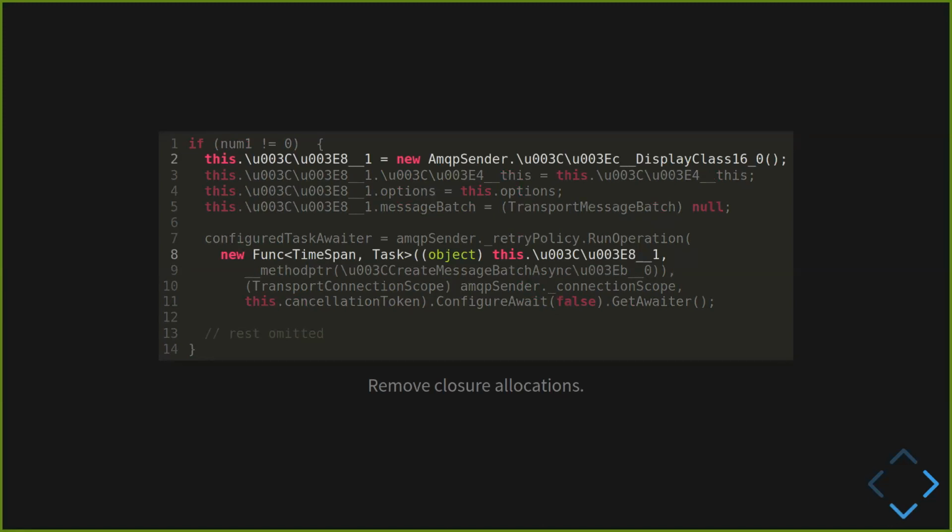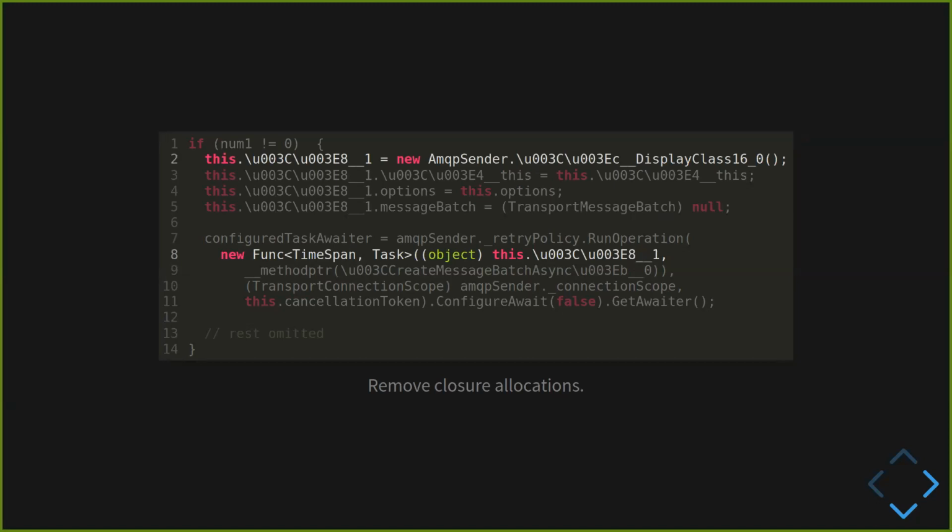As we can see, for every execution, there is a new display class instantiated, and that display class captures the state of the execution. Primarily, it's the options and the transport message batch. And then the next thing that's going to happen is we're going to create a new function delegate that accepts a time span and returns a task.